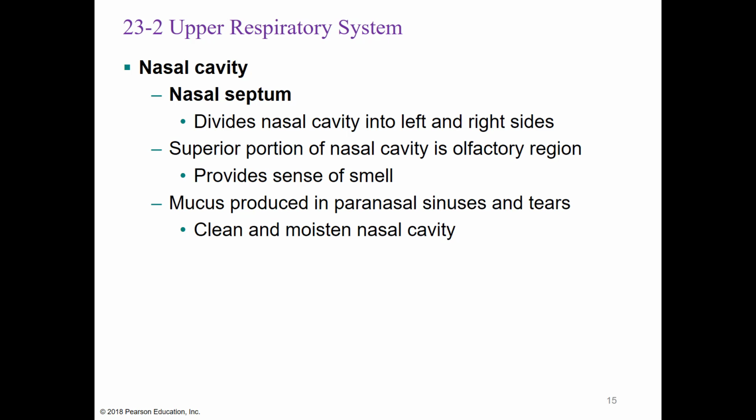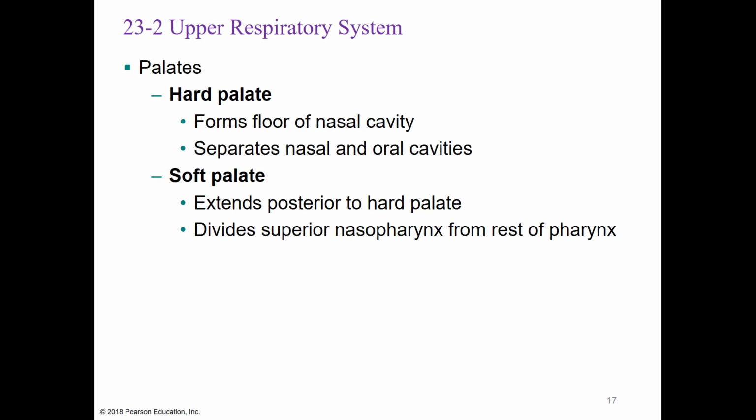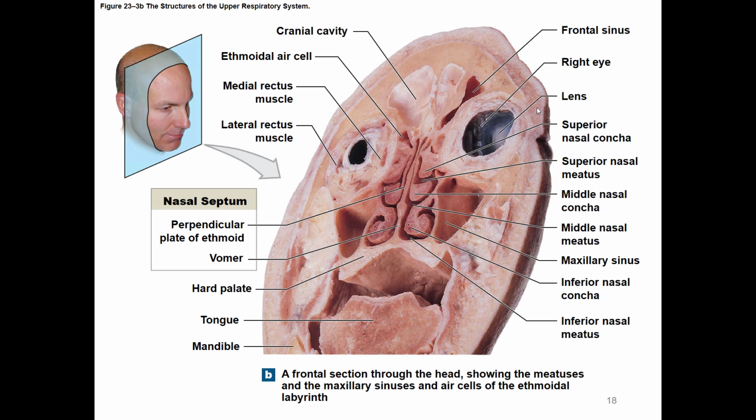So let's look at the septum before we go on. In this picture, we have a frontal cut. Orienting you to the picture, we've got, of course, an eye there, the roof of the mouth, also known as the hard palate, and then the tongue here.